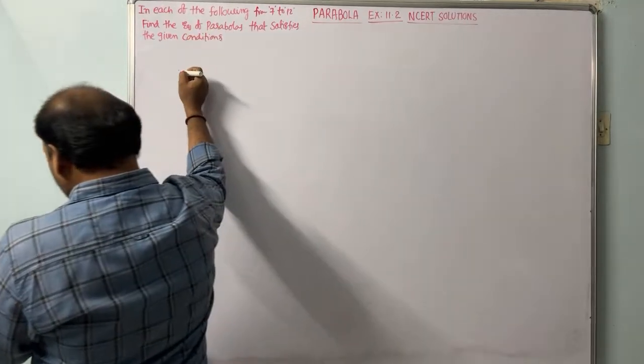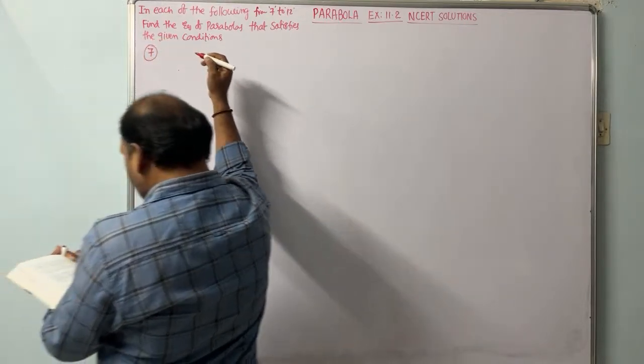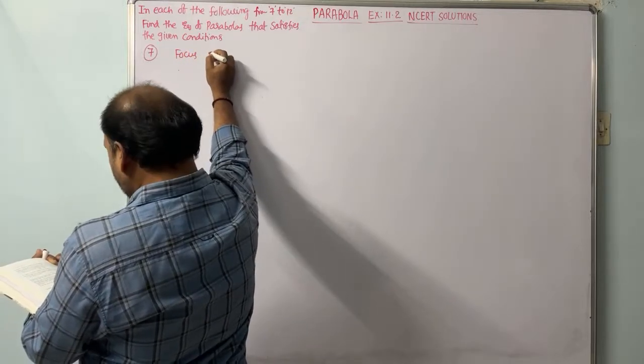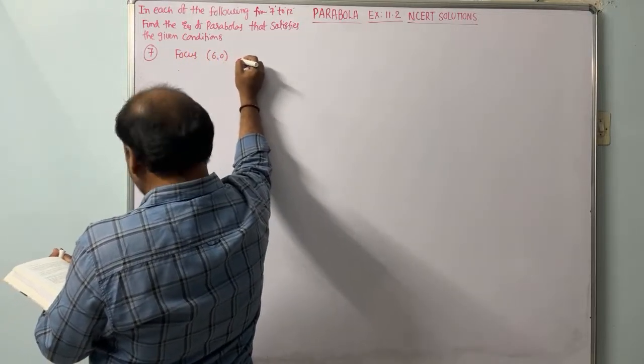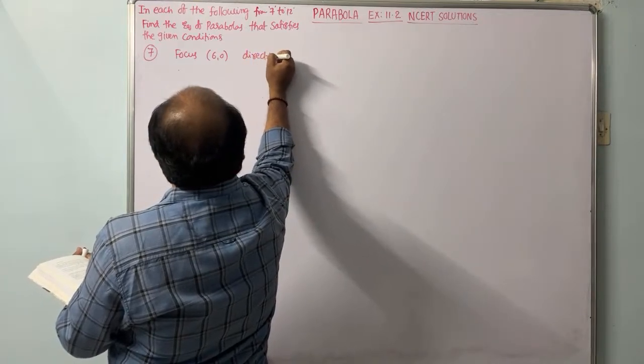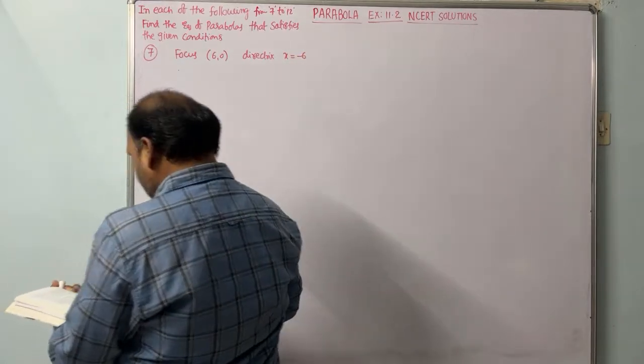Question number 7: focus (6, 0) and directrix x = -6.